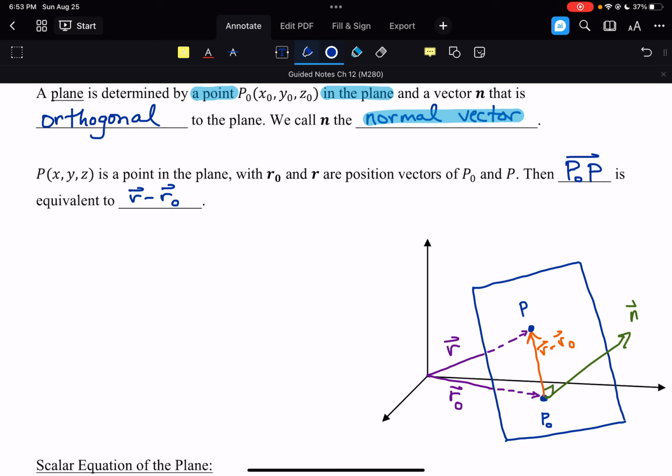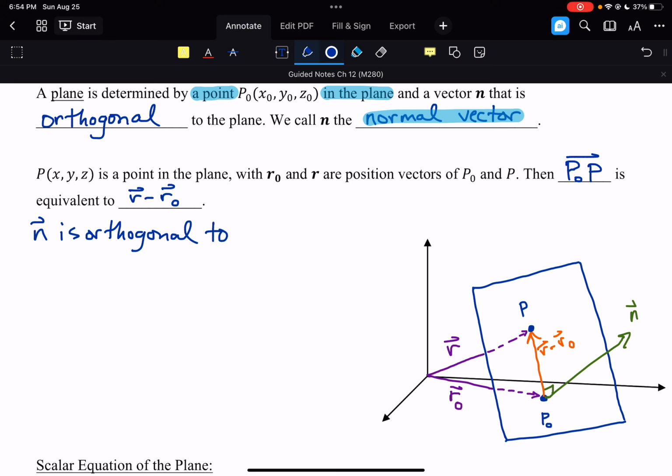So how do we set up an equation? Well, we know that the normal vector n, you can see I've got it sticking out right here from the plane, is orthogonal to the plane.